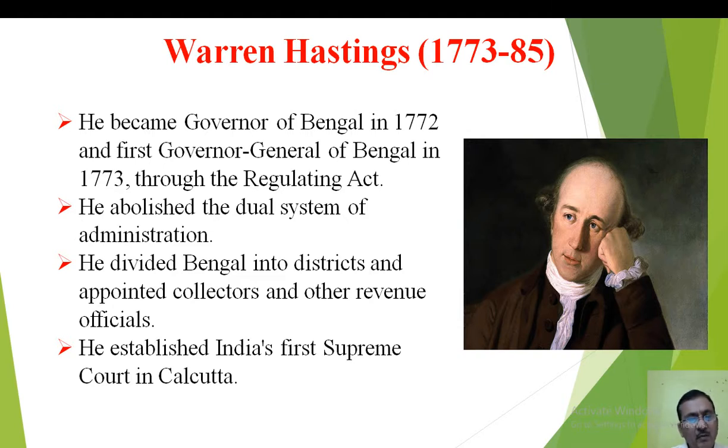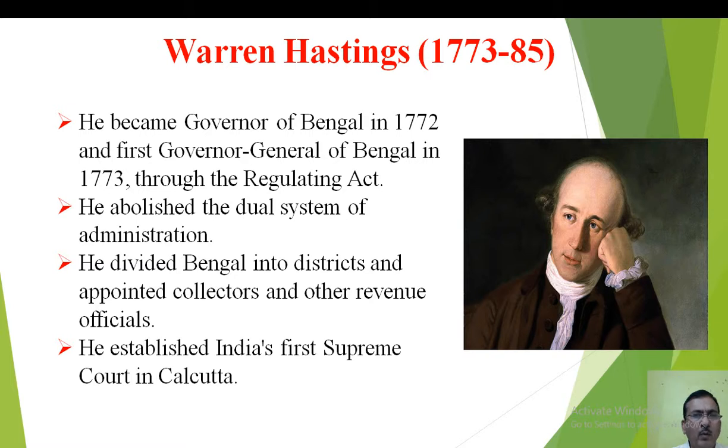Here, you need to understand the term Regulating Act. It means to control the affairs of the East India Company, and through this act they made several provisions. In those days during the British era, we had provinces, not states as we have today. So we had the Madras province, Bengal province and Bombay province.